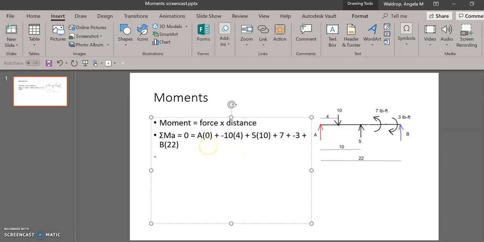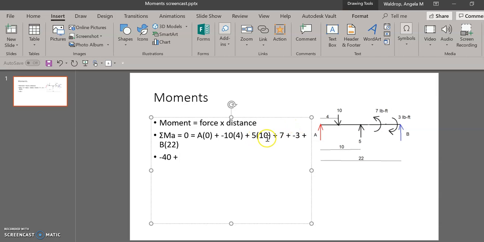So the next step here, we could simplify this, and we're going to go ahead and do that just to reinforce this. So my A times 0, that drops out. I can ignore that. I'm going to go ahead and do my math here for the negative 10 times 4. I'll get a negative 40. Okay, moving on to the next term.